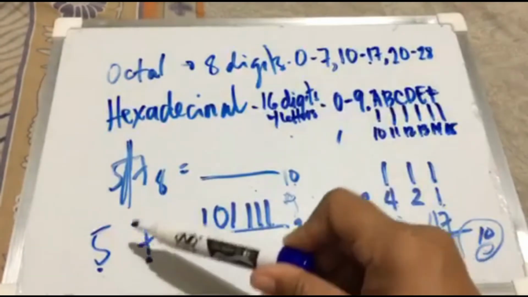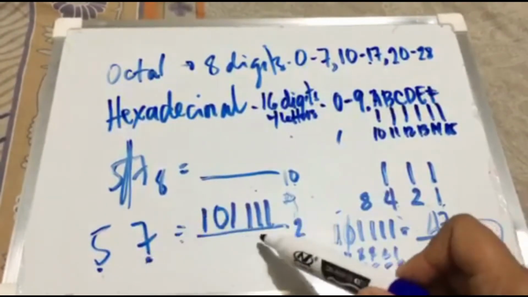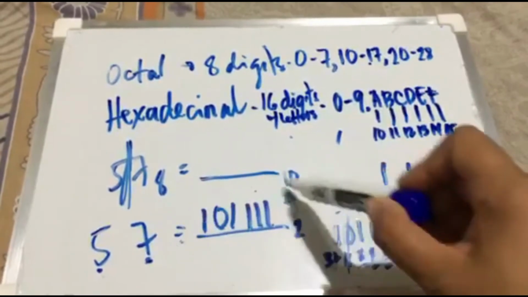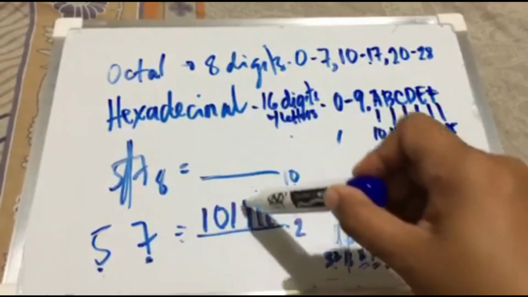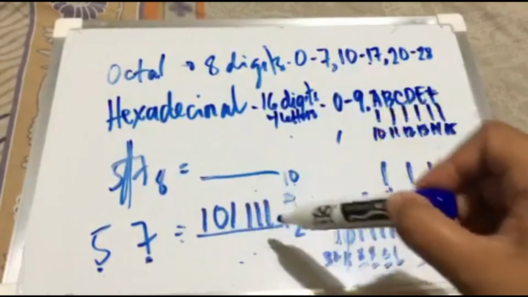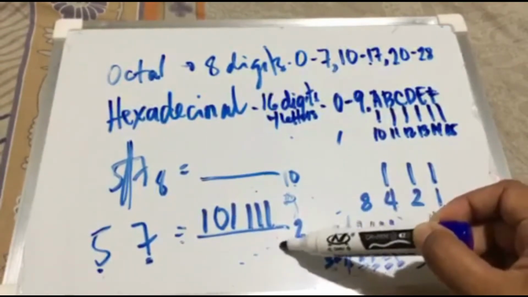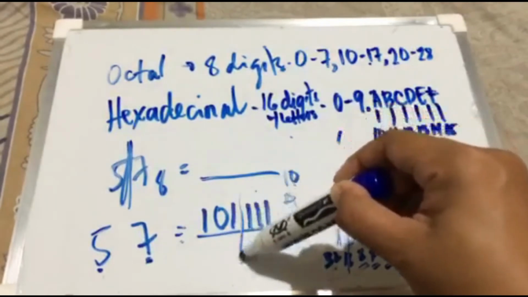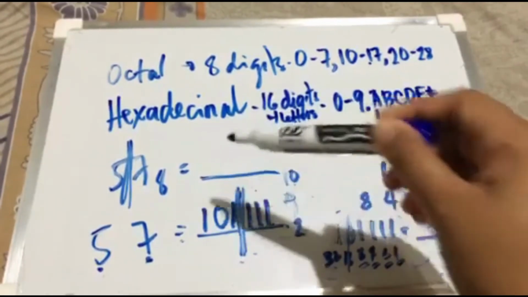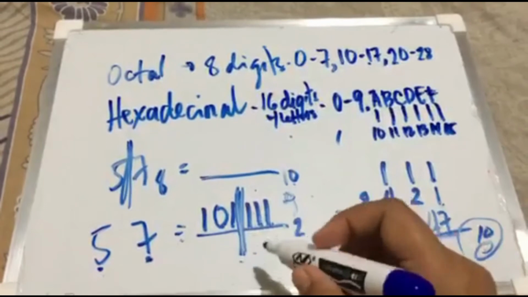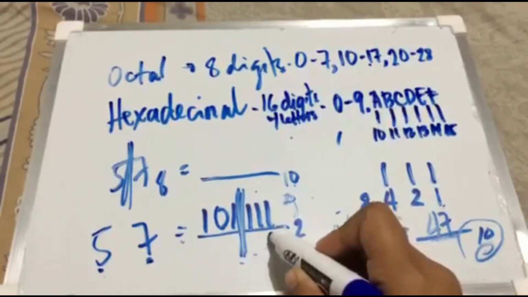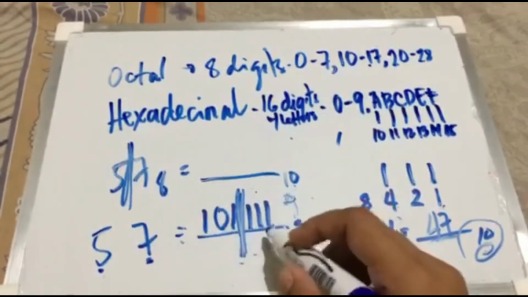In octal, if the given number is binary, we need to group it into 3, counting from the rightmost digit. Because the positional notation of this group is equal to the octal digit.